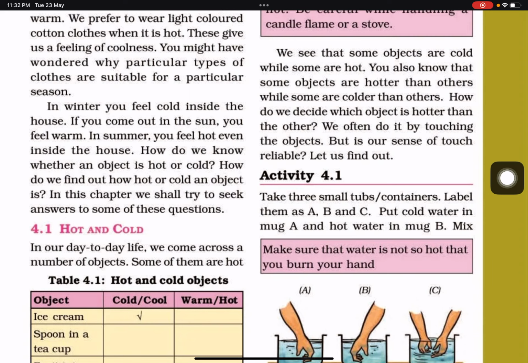In winter woolen clothes keep us warm, and in summer light colored cotton clothes keep us cool somehow. Not AC type cool, but comparatively it gives us a reduction in temperature. If we wear woolen clothes in summer, it will not work.